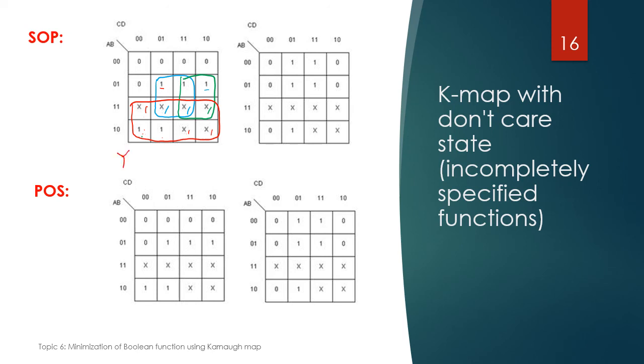So write it down. For the red group, we have A. For the blue group, we have B and D. For the green group, we have B and C. Okay, so that's the result for this one.